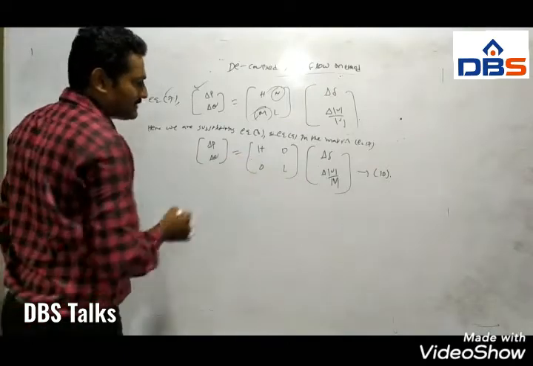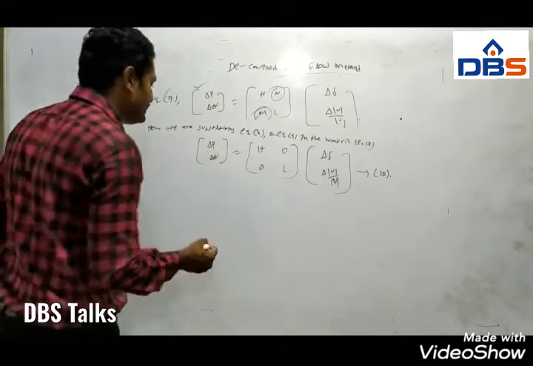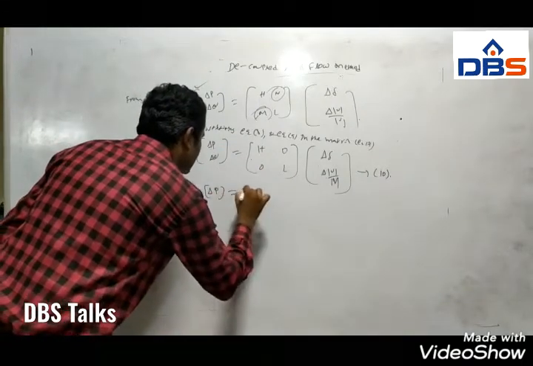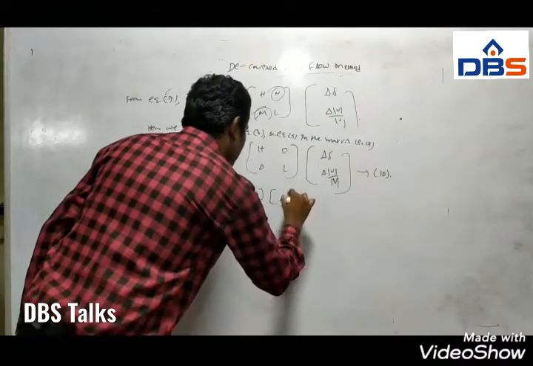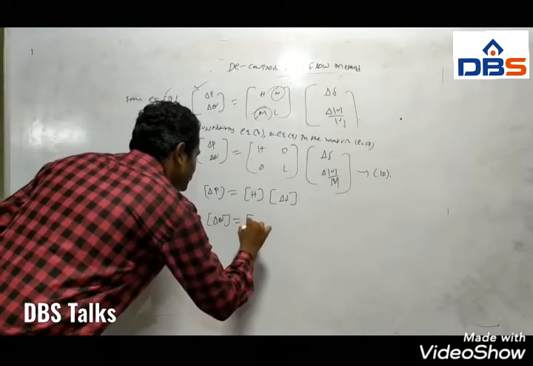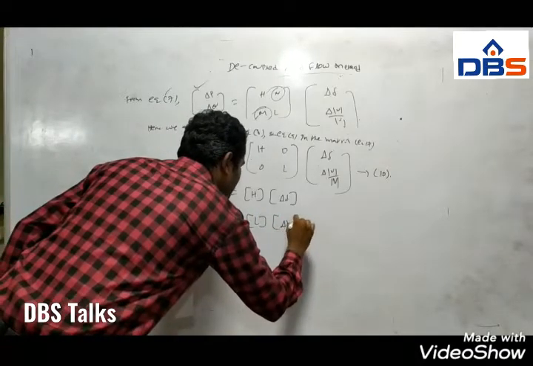By using this matrix, we convert it into two forms, that is ΔP equal to the H submatrix times Δδ, and at the same time ΔQ equal to the L submatrix times Δ|V|/|V|.